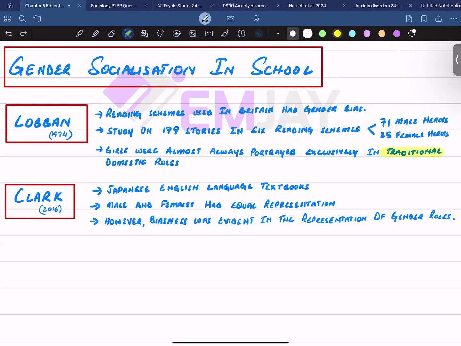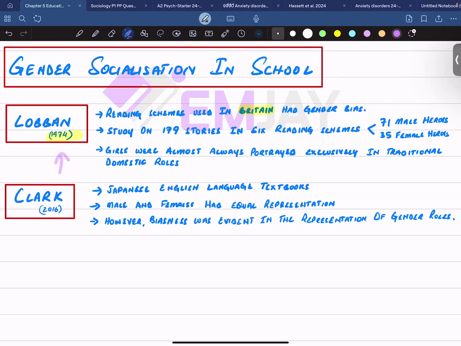Now, moving on, we just spoke about Loban and the research conducted in the year 1974. This isn't only true in Britain, and we cannot even say that this is perhaps a thing of the past today, because we have another sociological reference over here.